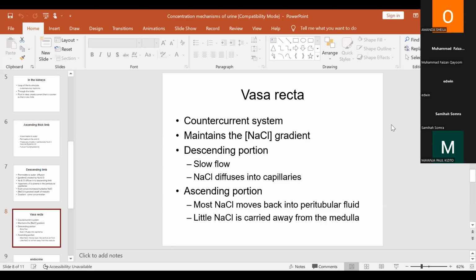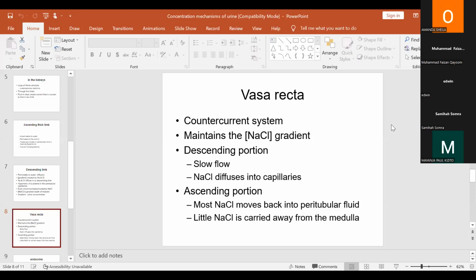But the vasa recti are permeable to both sodium chloride and water. So sodium chloride diffuses into the capillaries. When it is descending, sodium chloride is absorbed within the vessel, because in the surrounding medulla, sodium chloride concentration is quite high.